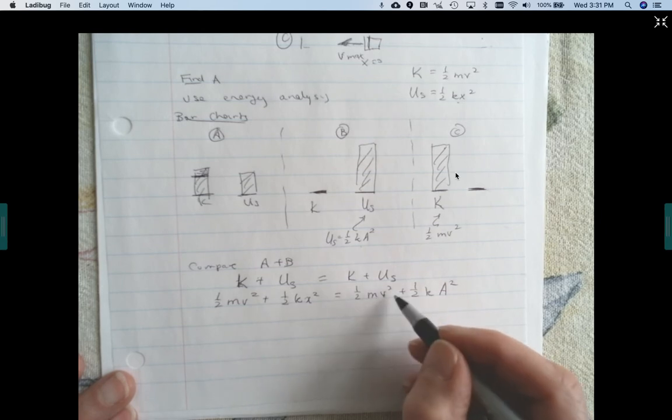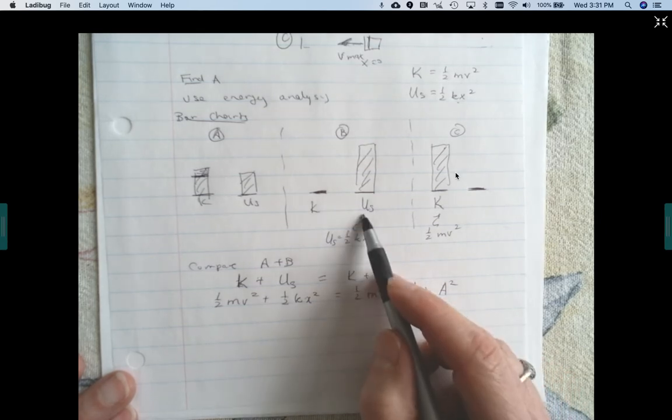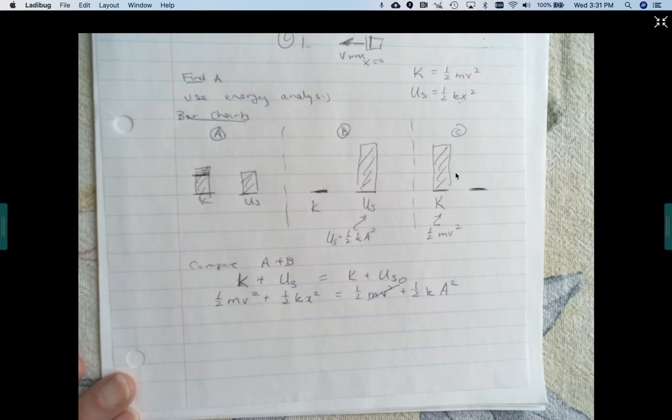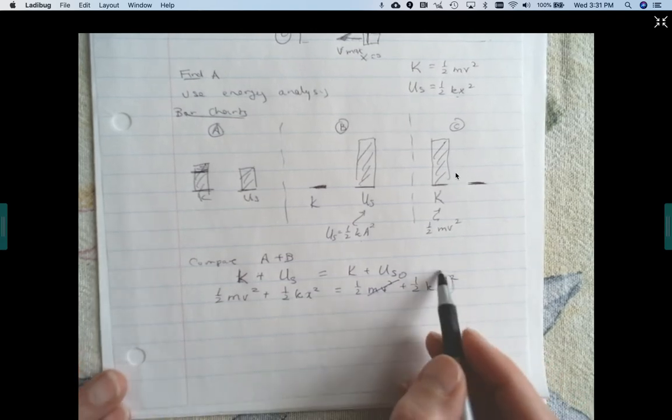Okay, and this velocity at the maximum displacement is 0. Okay, and we want to solve for that. That's our unknown.